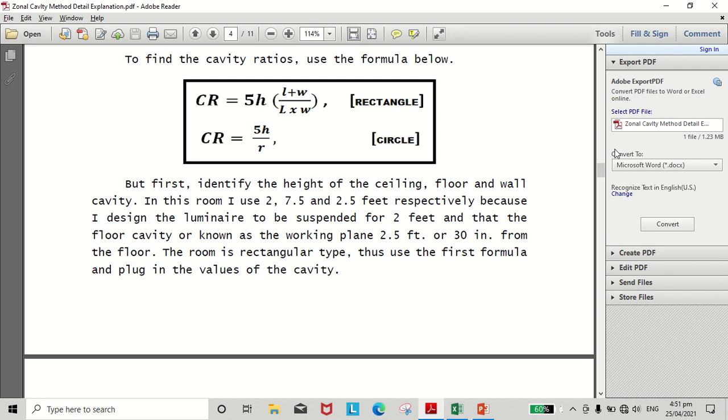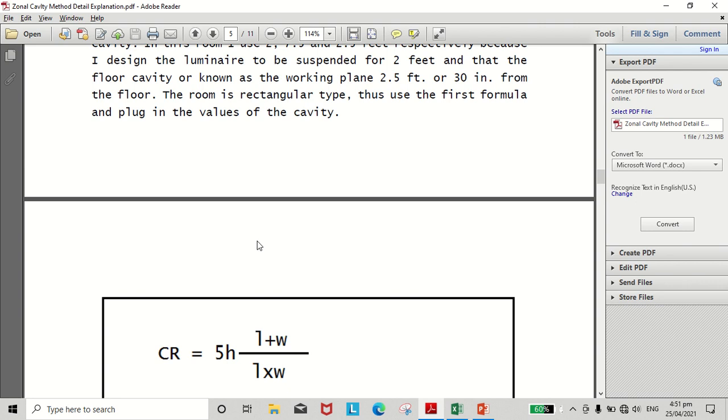For example, if your bulb is designed to be mounted on the wall, the ceiling, or the floor, then the distance of that lamp from the working plane is the length of your cavity, or the effective height you will use in this formula. So let's read this.